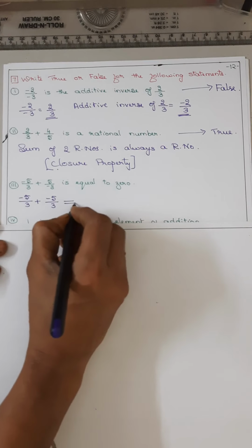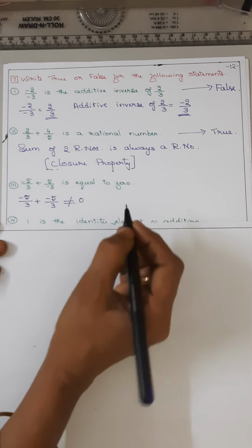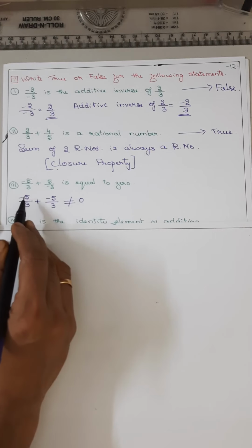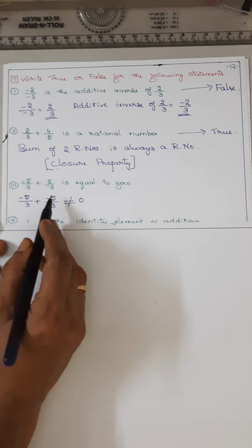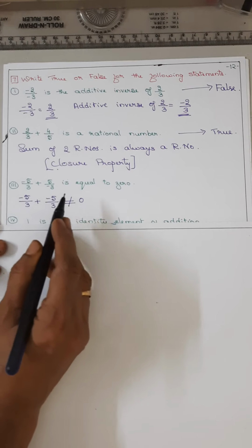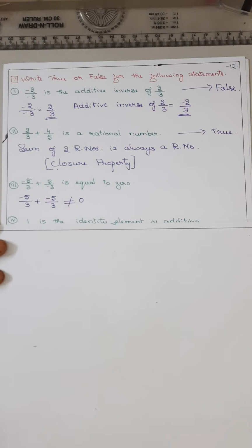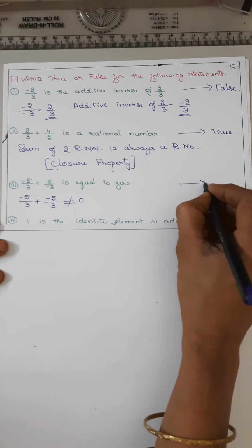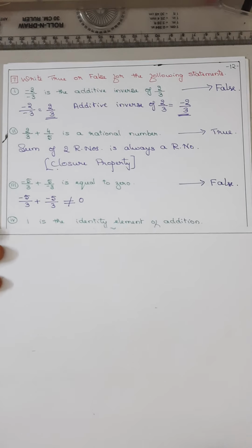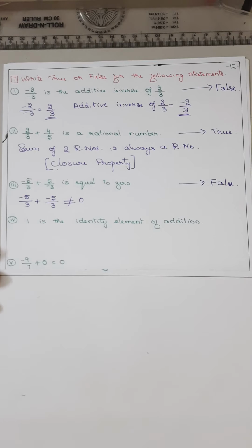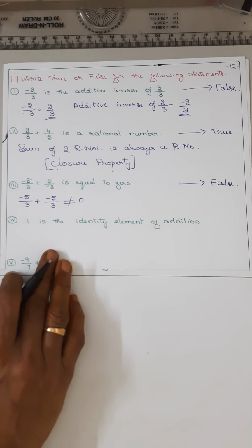It is not equal to 0. Why? It will be minus 10 by 3. Minus minus add करने का 5 plus 5 10. So it is false. Okay. Now coming to the fourth sum.